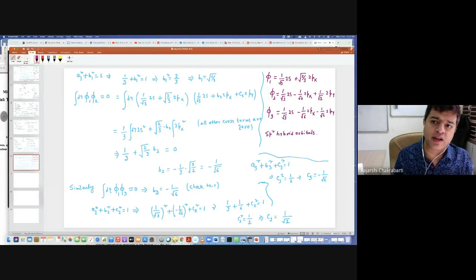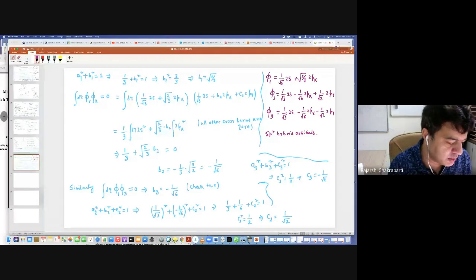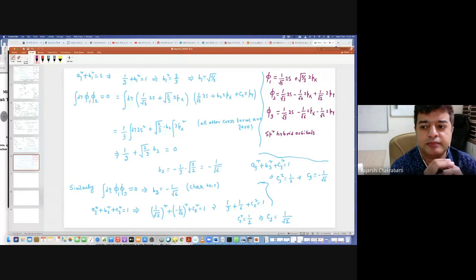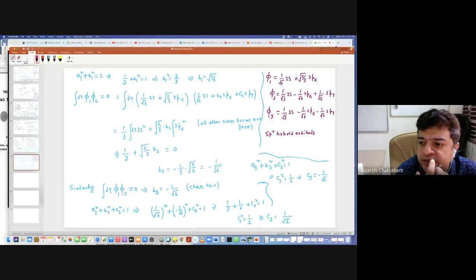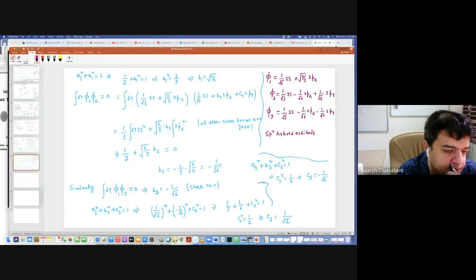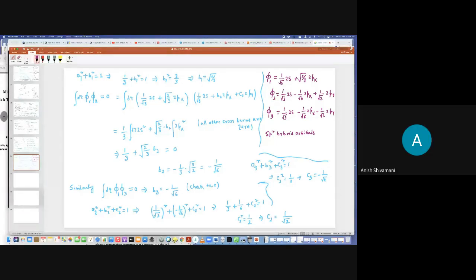Now you know how to calculate the angle between these hybrid orbitals, Anish and others. How do I calculate the angle between these hybrid orbitals? Any suggestion? We think of them like vectors.